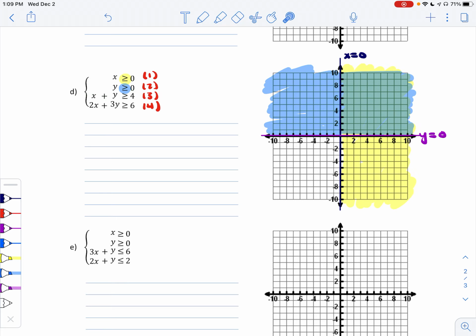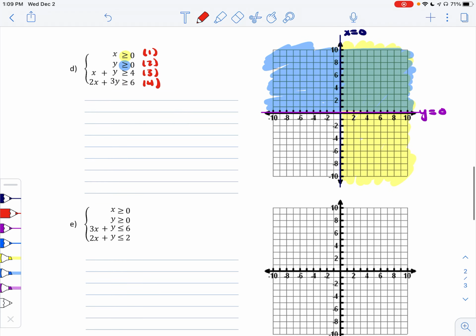So now let's deal with our equations 3 and 4. So let's add 3 into the mix. Again, put it in slope-intercept form. So subtract the x over, and we'll get y is greater than or equal to negative x plus 4. So y is greater than or equal to negative x plus 4. Y-intercept of 4. And then our slope is negative 1 over 1.